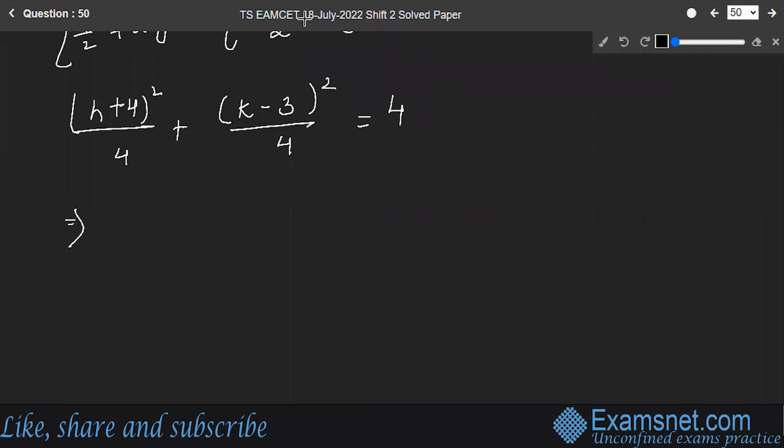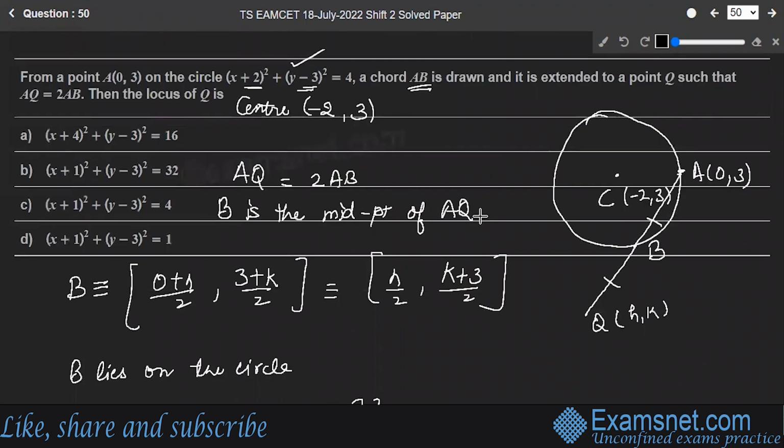Which gives you (h plus 4) whole square plus (k minus 3) whole square is equal to 16. So this is the required locus. You have to find out the locus of Q. Then I think option A is the correct answer. Hope you understood.